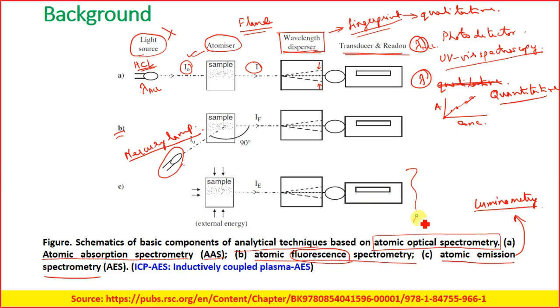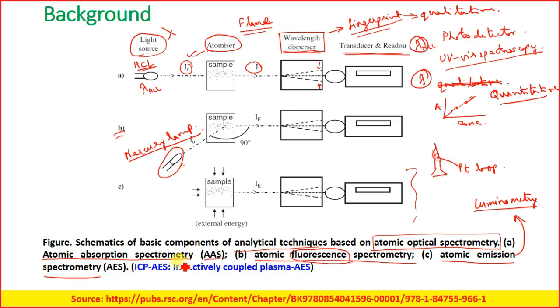In this one, you must have seen during your class 12 experiments, you did the analysis of some metals. In the Bunsen burner you have a flame, and using this platinum loop you put some sample over here. When you put that sample, it emitted some radiations, some colorful radiations, that you observed visually.